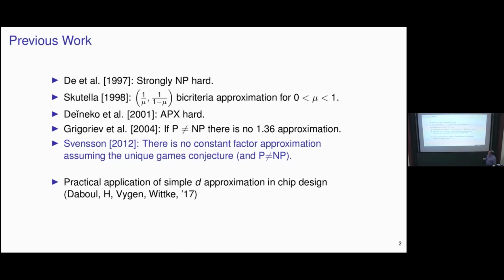It's also APX-hard, and there's a reduction to vertex cover from which you get that there's no 1.36 approximation unless P equals NP. And then Svensson showed that if the unique games conjecture holds, then we cannot hope for a constant-factor approximation for the general case.